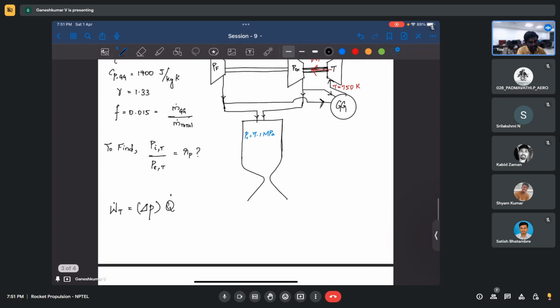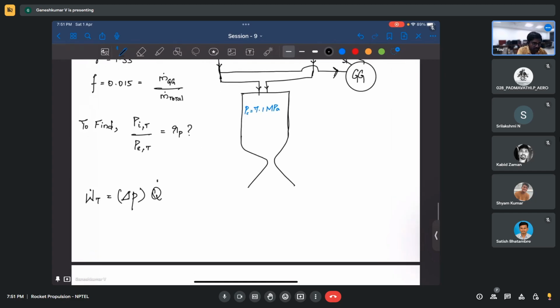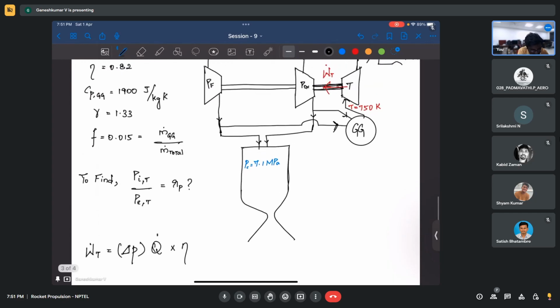You need to account for that efficiency here. How do we account? Should we multiply with efficiency or should we divide it by efficiency? Multiply.